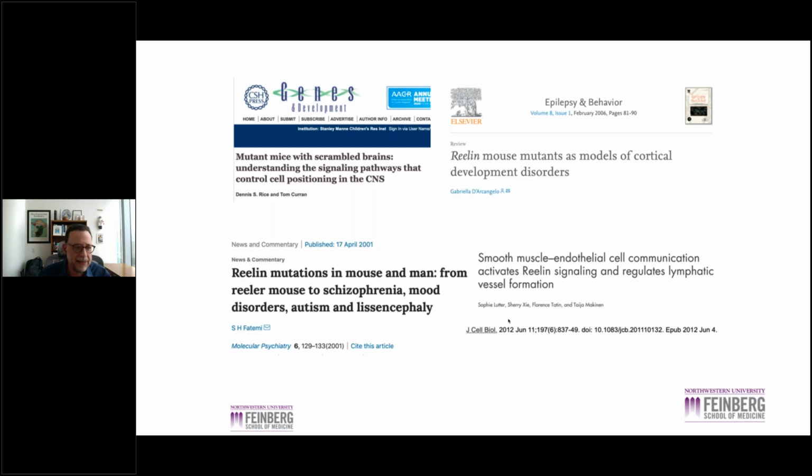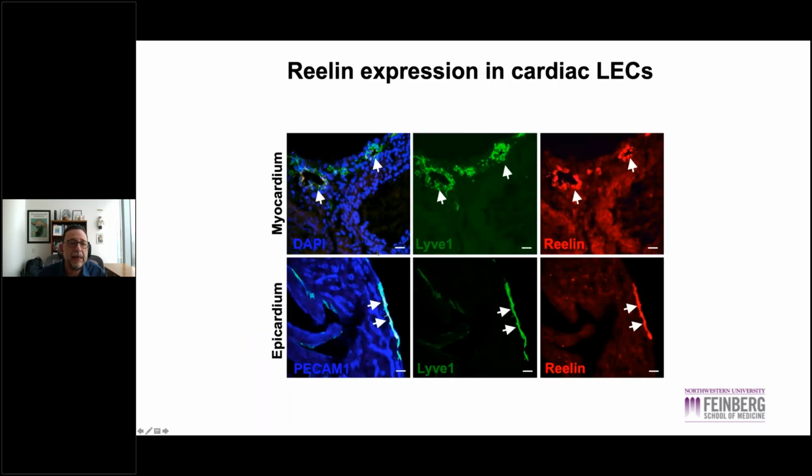Reelin mutant mice are ataxic and they die soon after birth, and it's expressed strongly in the CNS. But Taija Makinen's lab had published in 2012 that reelin was expressed in lymphatics. Therefore, Shirley decided to follow up on that, and she showed that reelin was nicely expressed together with LYVE1 in the lymphatics in the heart as well.